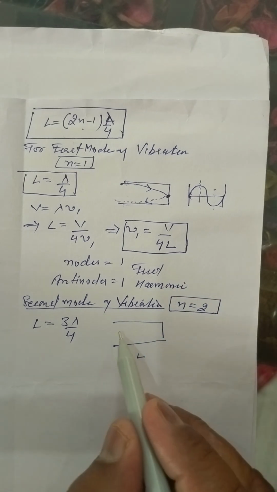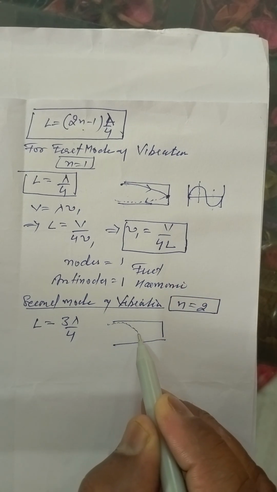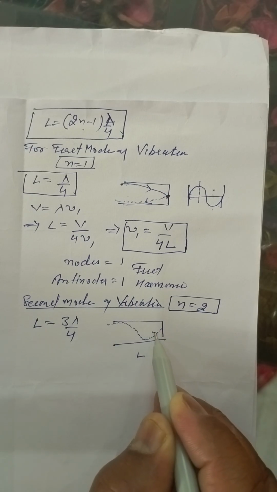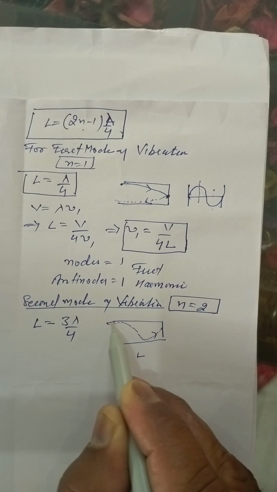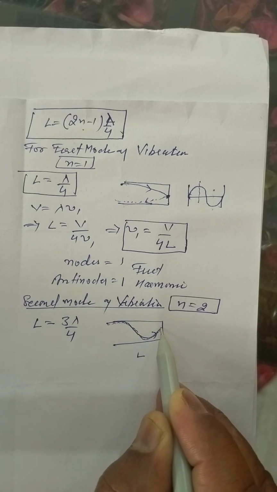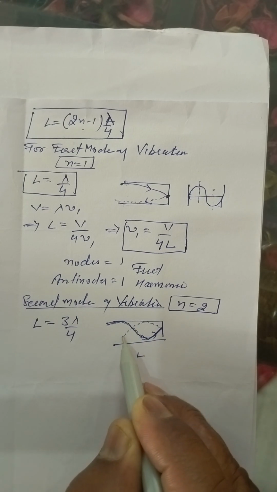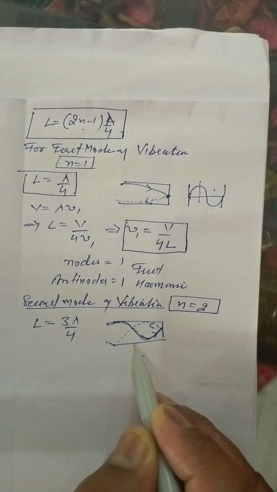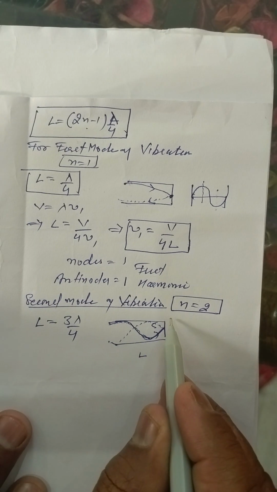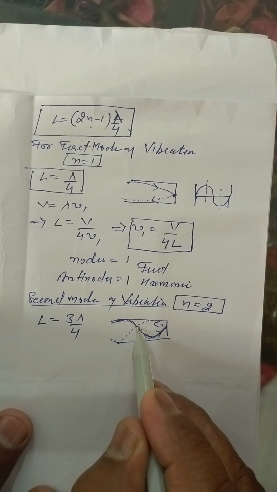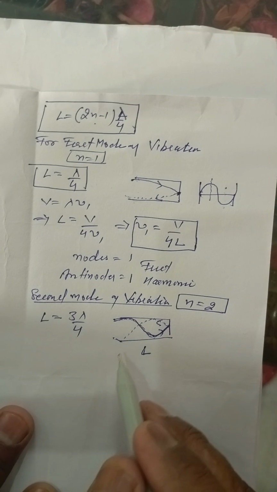So I can write 3 by 4 in this way, and this is the incident wave, you can say, and after reflection it will be in this way. So this is for the second mode of vibration, and you are finding here that there are 2 nodes and 2 antinodes.